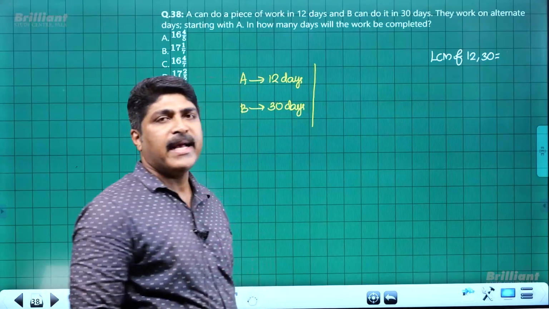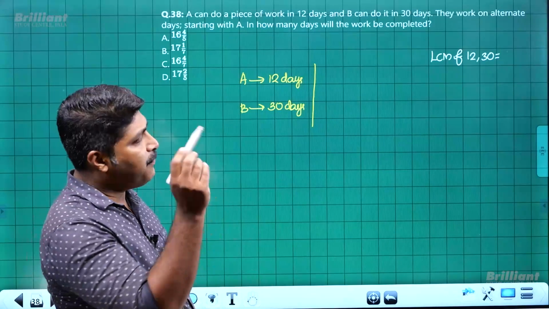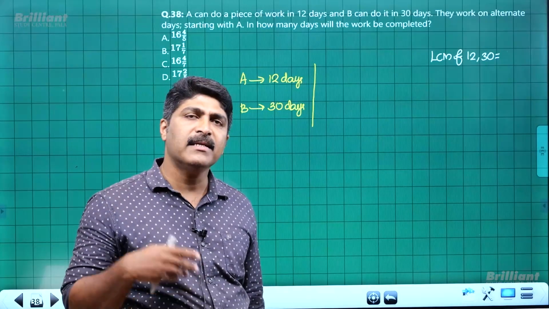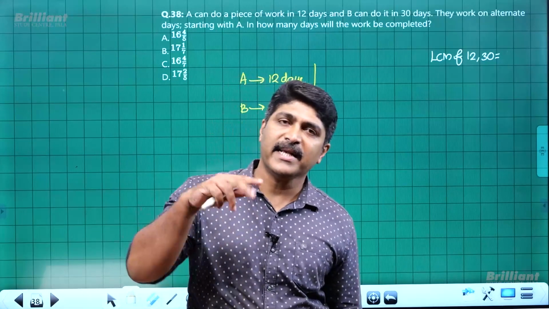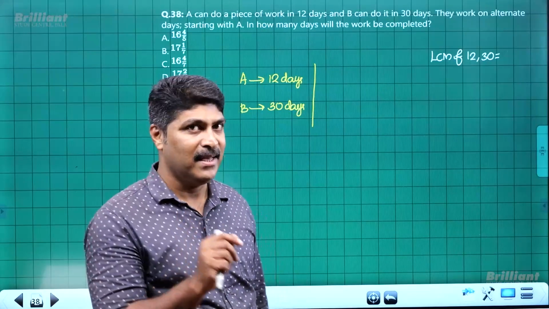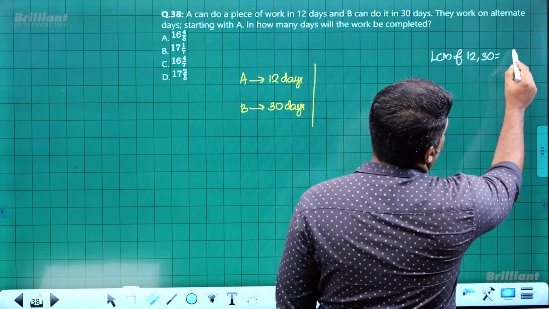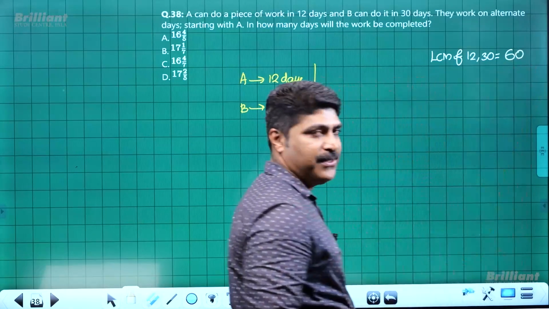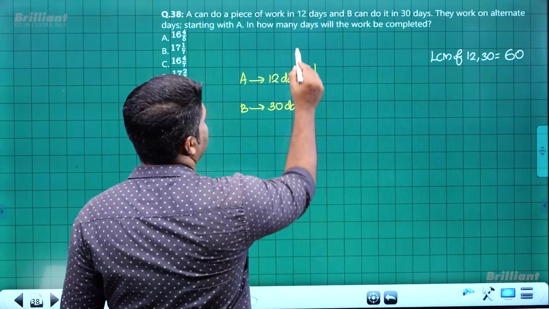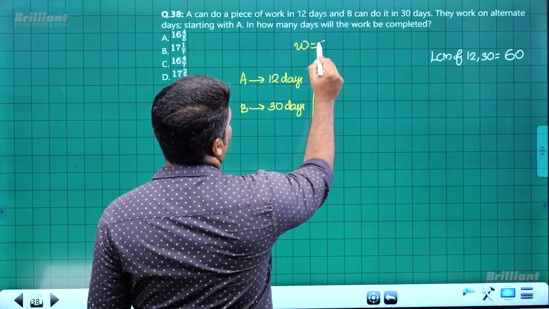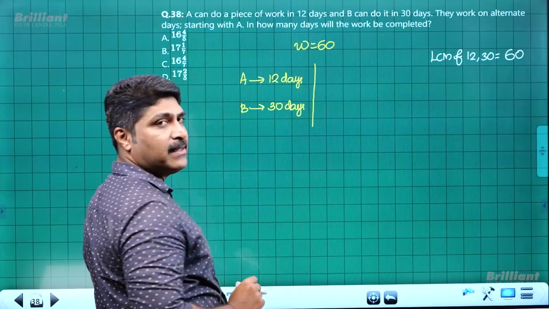Instead of doing any kind of simplification for finding the LCM, you can think about it by mind. 30 is not a multiple of 12, right? So its second multiple, what is it? 60. Is it a multiple of 12? Sure. Therefore, you can consider 60 as the LCM. So we are assuming the quantity of work is 60. You just write it like this.